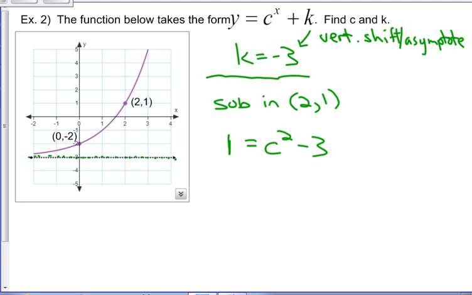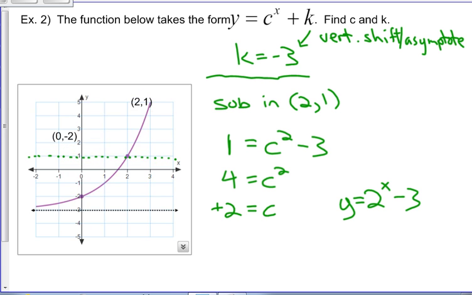Now we've got an equation with only one unknown. So no big deal. That gives us c squared equals 4. Usually we'd say c is plus or minus 2, but the base in exponential equations needs to be positive, so c must be 2. That means the equation of this function should be 2 to the x minus 3. All right, let's find out. I've got it hidden behind here.